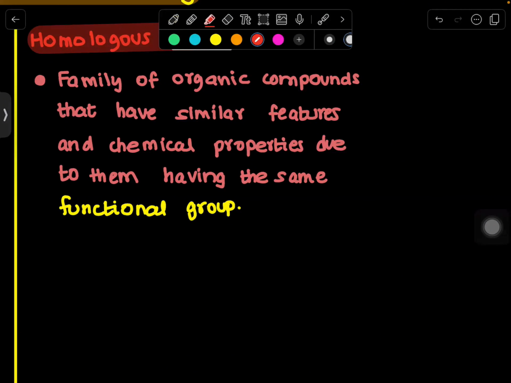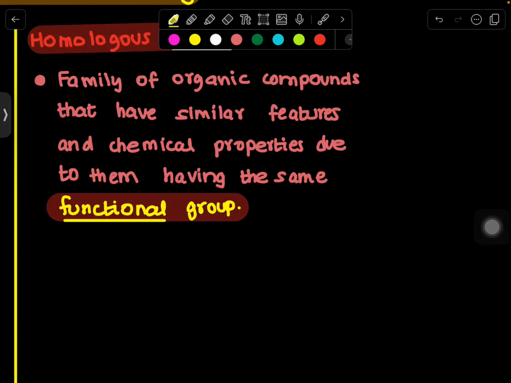That takes us to the next concept of the functional group. The word functional here suggests that this group is responsible for the functions of the compound that it's present in.